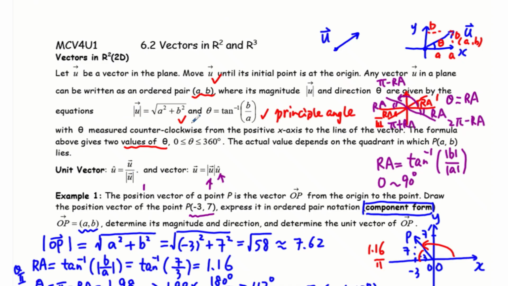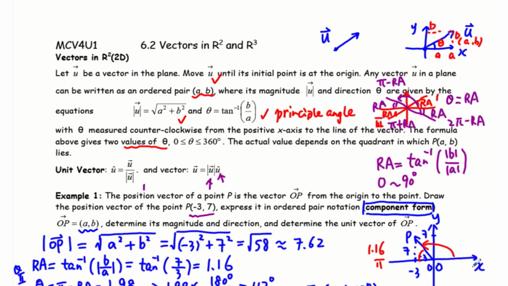The magnitude of a vector is a squared plus b squared, the x component squared plus the y component squared, then square root. The angle is just the inverse of tangent of b over a. We always want to find the related acute angle, that is 0 to 90 degrees, then based on the quadrant find the principal angle.